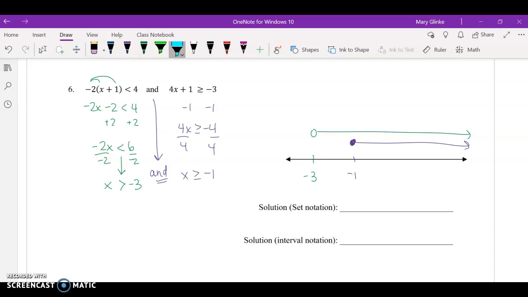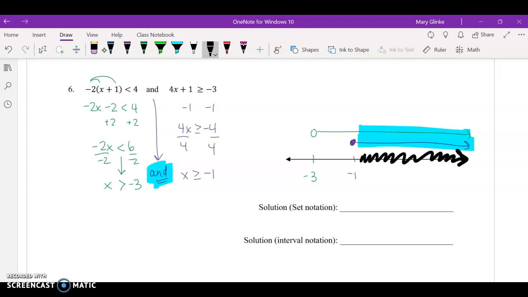So with this being an and problem, I am looking for my overlap. So it has to work in both of them. So the only place I see the overlap is everything bigger than -1. So I'm going to shade everything to the right of that. And at -1, you have to be careful. It has to work in both of them. So since it works in the top one and the bottom one because of the filled in circle, you're going to use a filled in circle here.